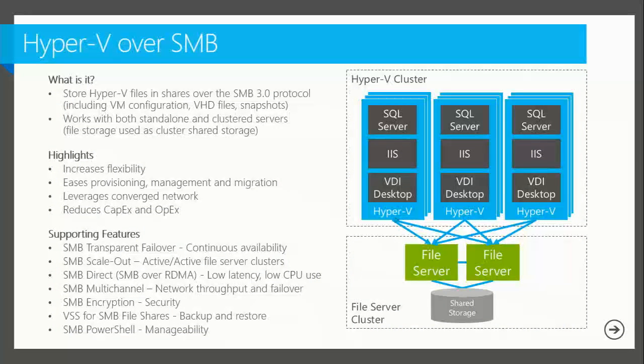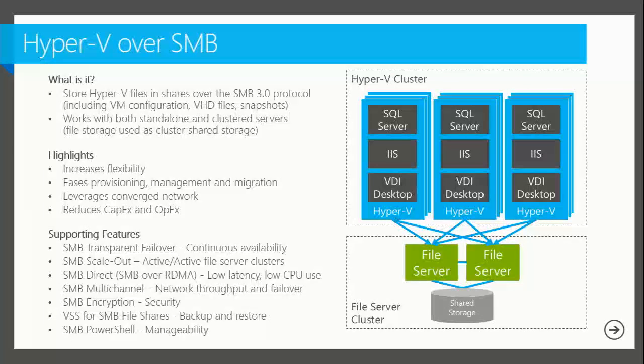So what are we talking about here? In the past, before Windows Server 2012, if you were configuring storage for your VMs in Hyper-V, you would essentially have the option to go with directly attached storage, like a SAS or SATA drive, directly attached to your virtual machine host.